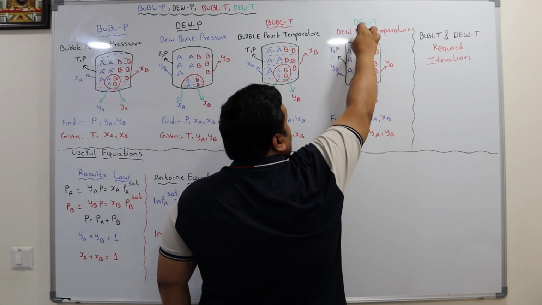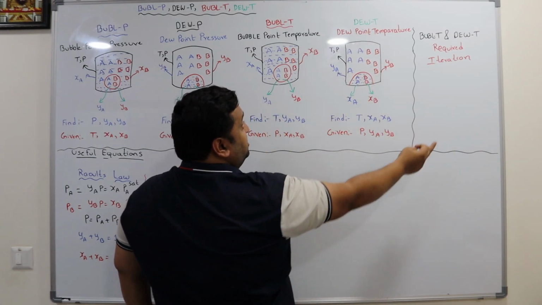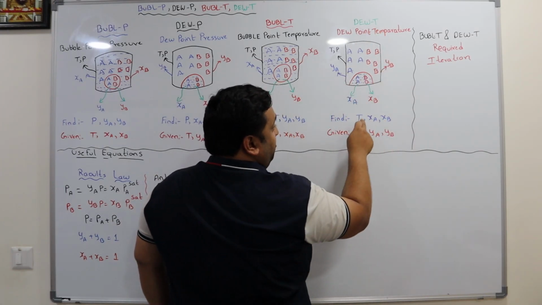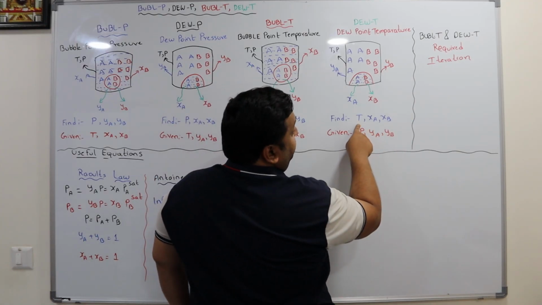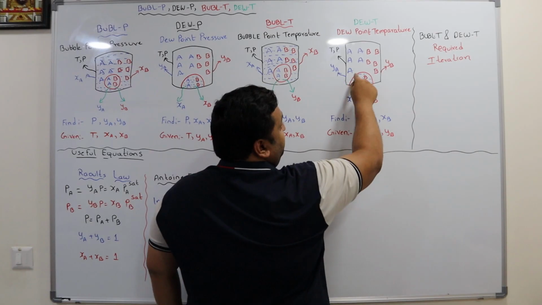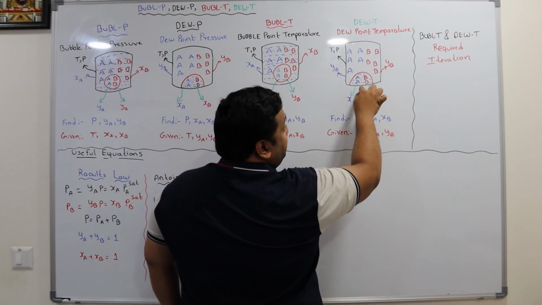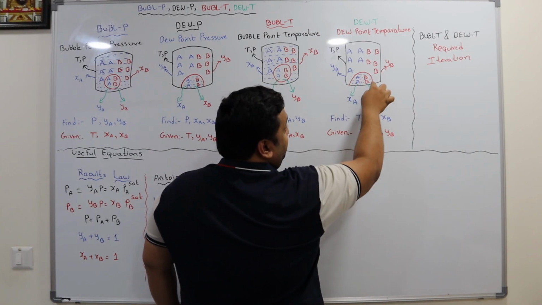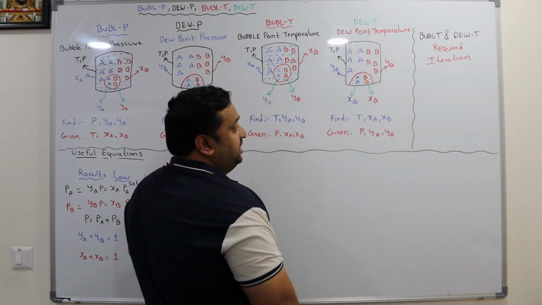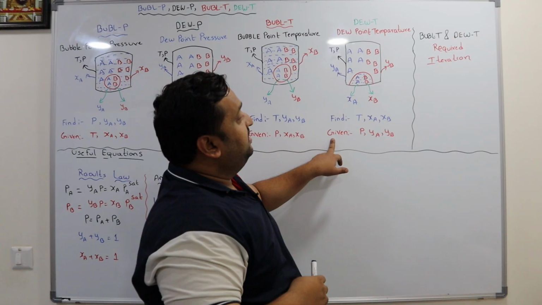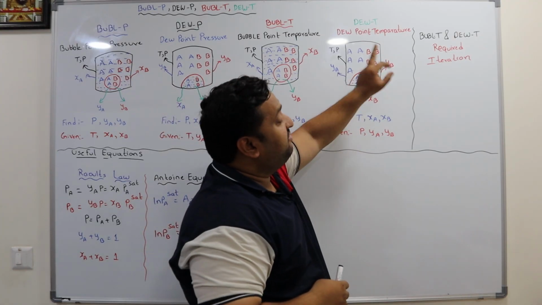So obviously what you are supposed to find and what is given: dew point T, temperature, you have to find. And what else? If a droplet is going to form at this temperature, what is the fraction of A in this droplet, and what is the fraction of B in this droplet? At a given pressure, YA and YB.